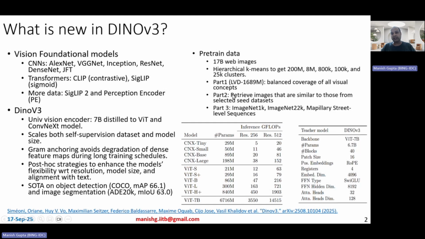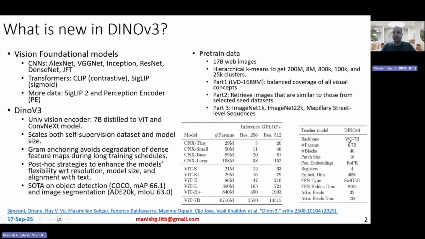Part 2 is retrieval based. So you retrieve images that are similar to those from selected seed datasets, their captions and so on. And then part 3 leverages existing large public datasets like ImageNet 1K, ImageNet 22K, Mapillary street level sequences, and so on. Okay, so that's how they have scaled the self-supervision data to train a very rigorous model.